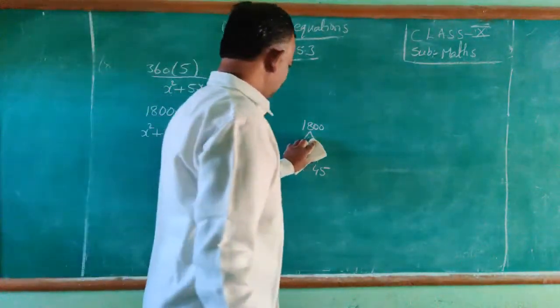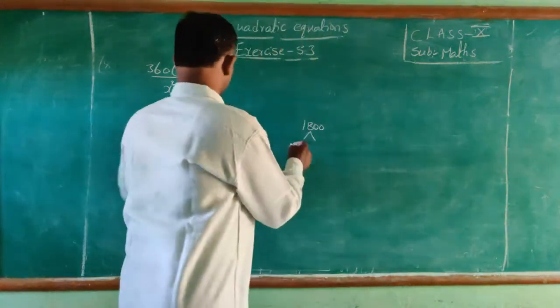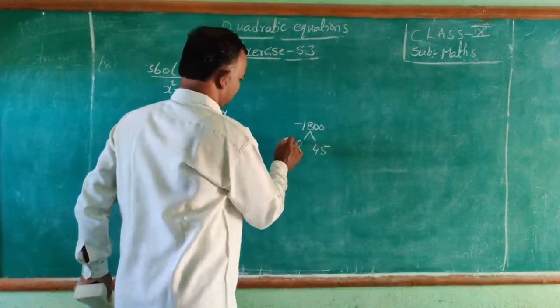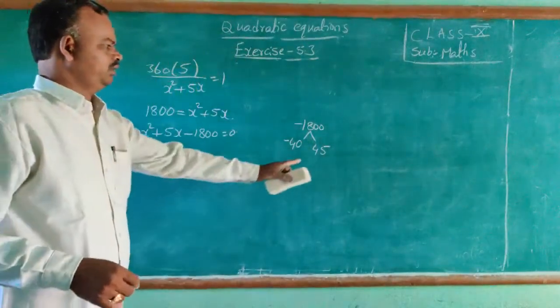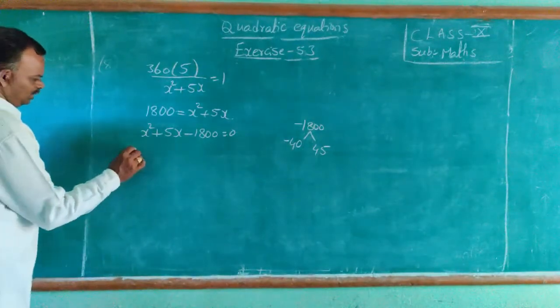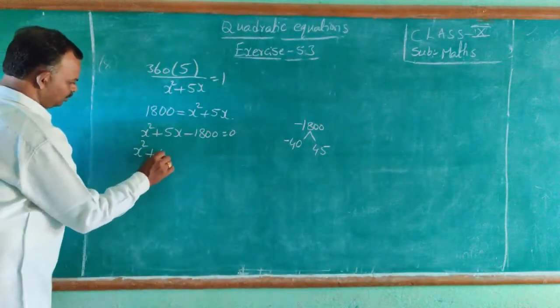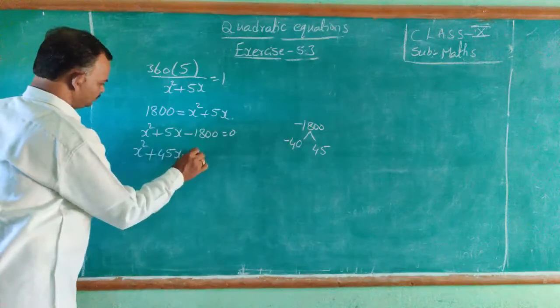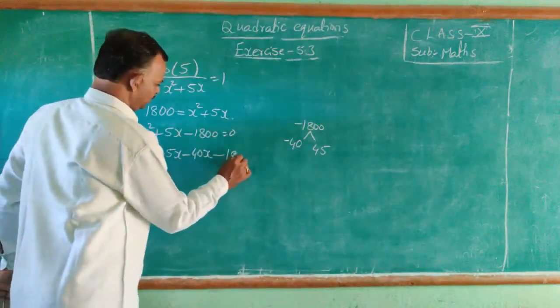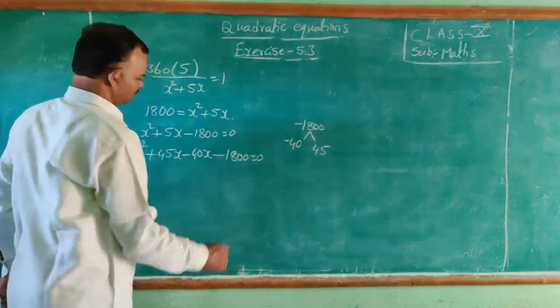So the values are minus 1800, plus 45 minus 40. So x square plus 45x minus 40x minus 1800 is equal to 0.